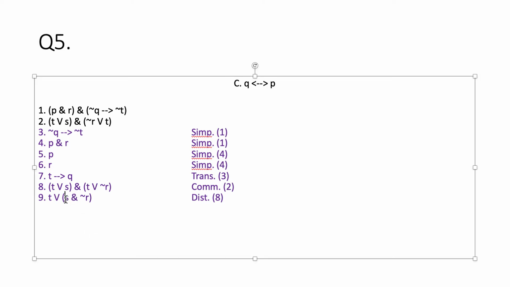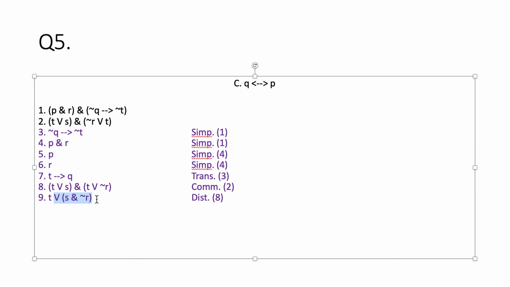Now I see that one of the disjuncts involves a not R. I think I can build up from the R that I have on line 6 a negation of this disjunct that I have on line 9, because I can add something to R, use the rule of addition, and then I can convert the disjunction that I'm going to create via the rule of addition into a conjunction, and the conjunction is going to be this but negated.